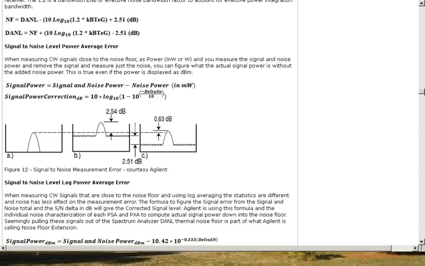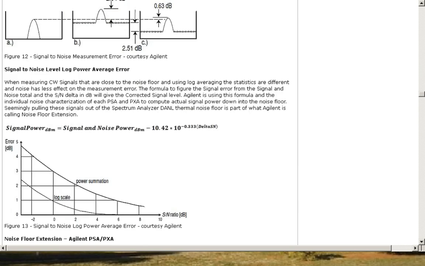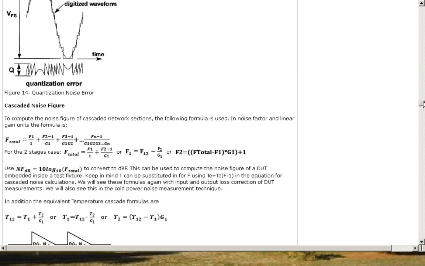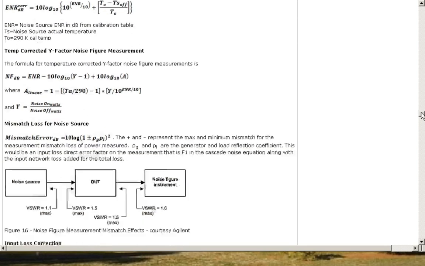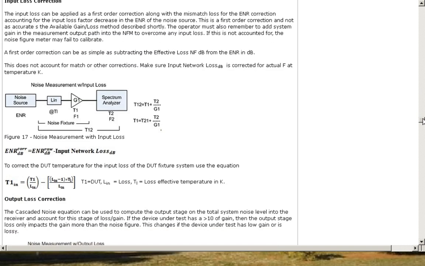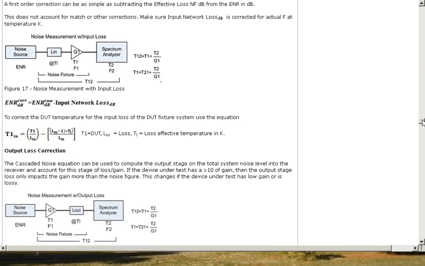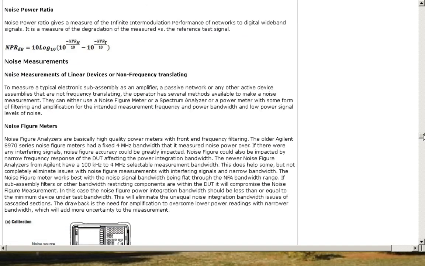It's better not to measure noise directly. You can, but it's not the general practice. Use a signal to noise ratio is what you do. This is a pretty good one.